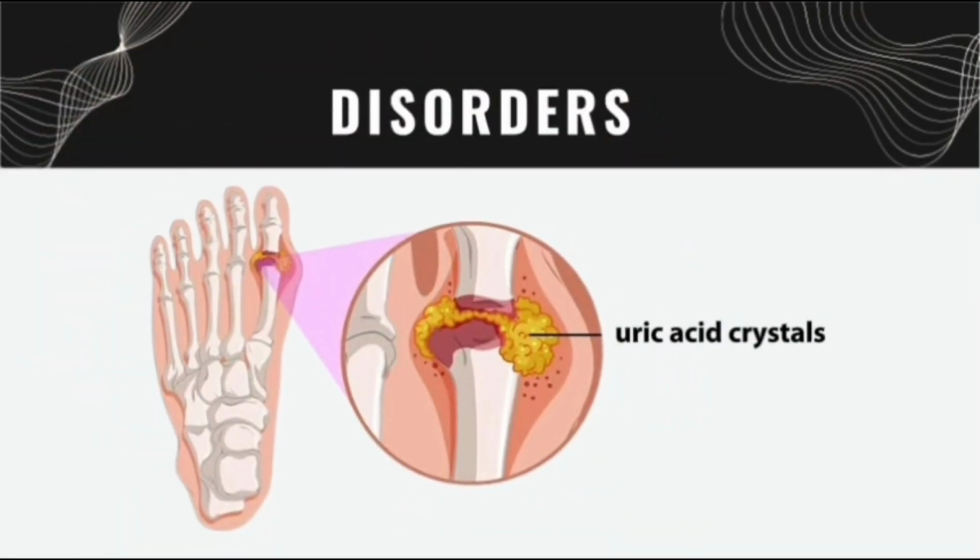The initial attack usually involves only one joint, and kadalasan sa big toe yung naapektuhan and naglalas ito ng ilang araw. So, ano nga ba ang common or possible causes ng gout?